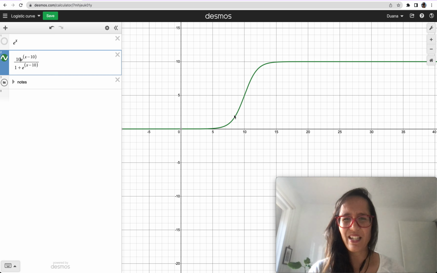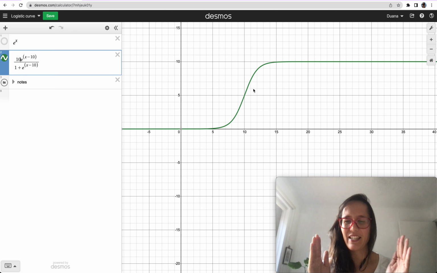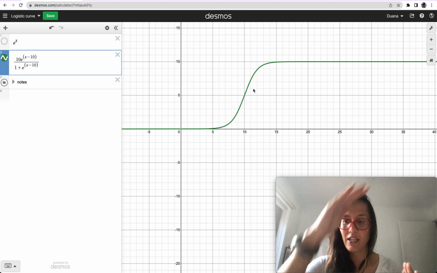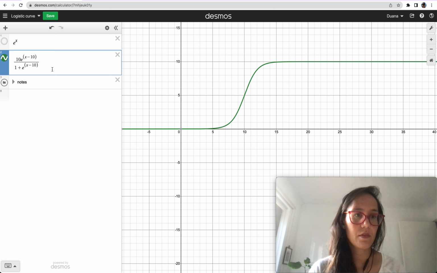I might also want to be able to change the steepness of this S. Oh yeah, it's looking more like an S now, isn't it? I might want to make it shallower to say that the population is not hitting that midway point as quickly.